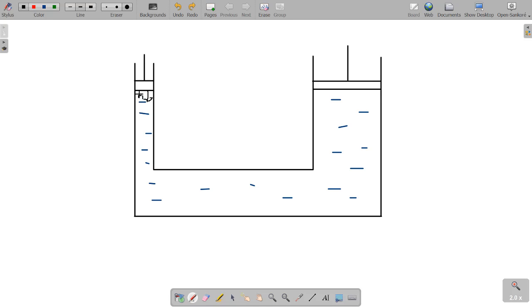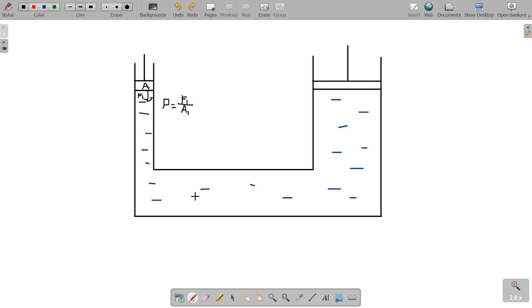Let the area of the piston here be A1. So here the pressure is equal to F1 over A1.